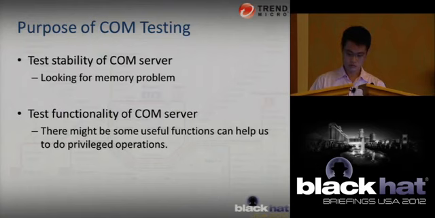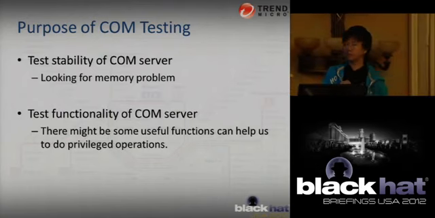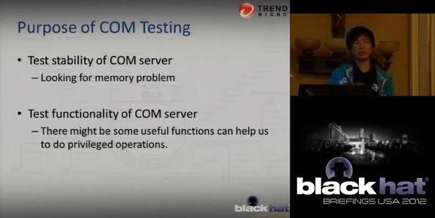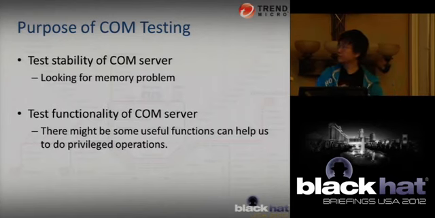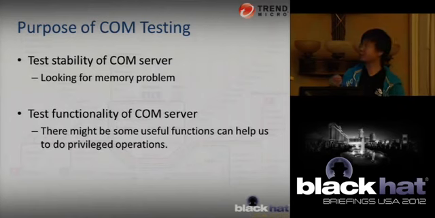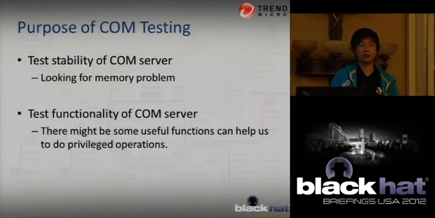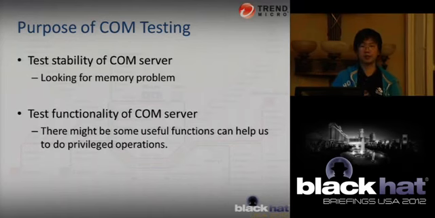So basically, we are interested in two things about the COM server. The first is stability: we can try to crash it and find memory bugs in the COM server. And also, some COM servers can provide functions for us, like asking the COM server to open a file or to connect to the internet to send data to others. So COM servers sometimes can help us.